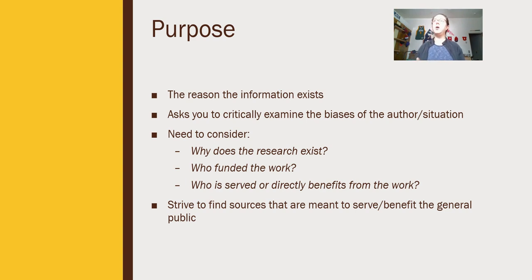Because if a pharmaceutical company was funding the research, then we can reasonably assume that the purpose of the research was to promote a certain drug or a certain prescription. And so you could see how those biases might cloud the conclusions that are reached and the way that the information is presented.